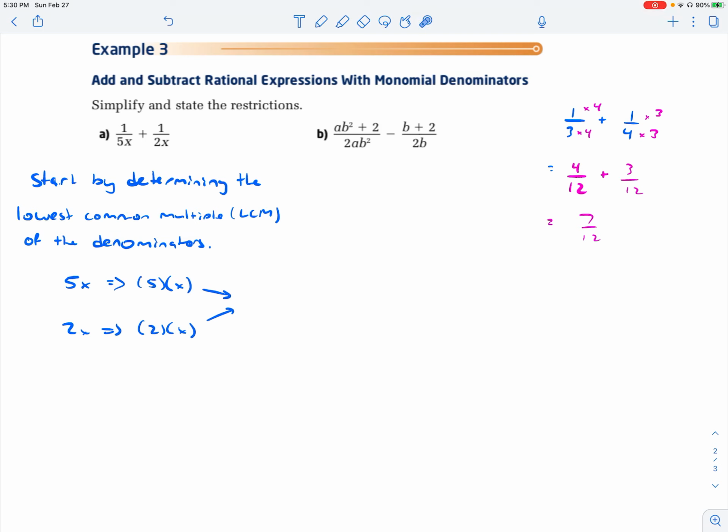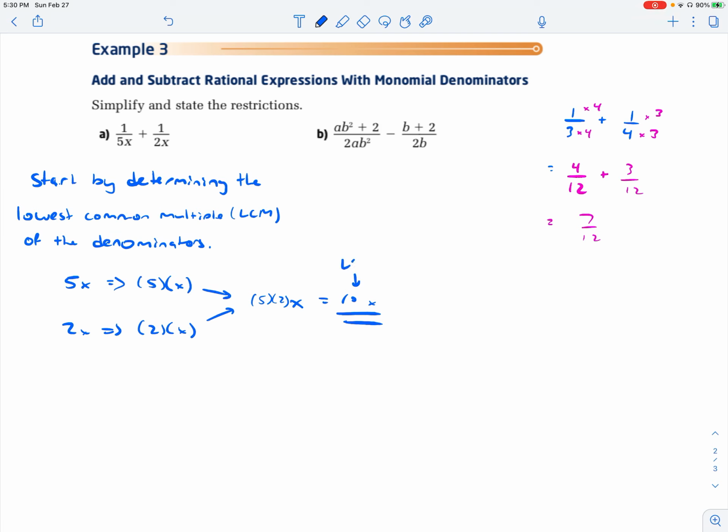I see they both have an x in it, so my lowest common multiple should have an x. And I also see that we have a 5 and a 2, so both those go into 10, so I could just write 10 in. If you're not sure, you can always just write them in here, 5 and 2, and then that gives us 10x. So that's one way of finding the lowest common multiple.